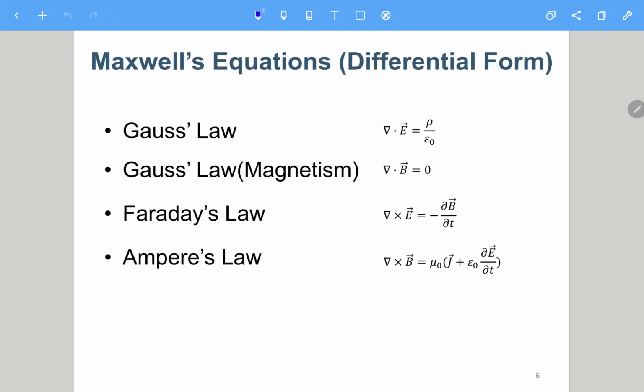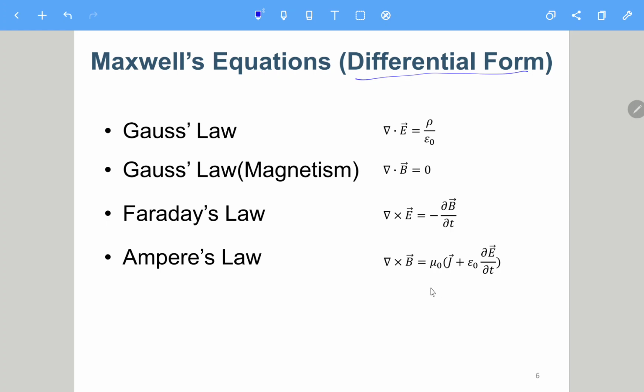Next we will introduce the conclusion, the differential form of the Maxwell equations. The Gauss law for electricity looks like this, Gauss law for magnetism looks like this, Faraday's law looks like this, and Ampere's law looks like this.